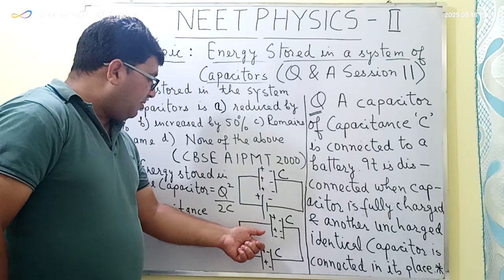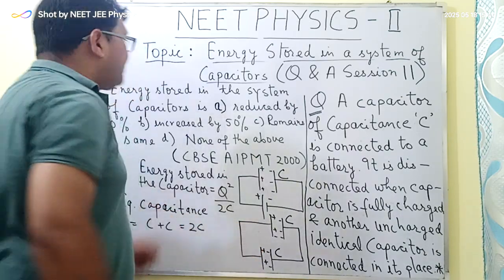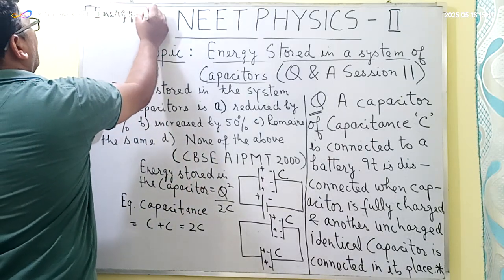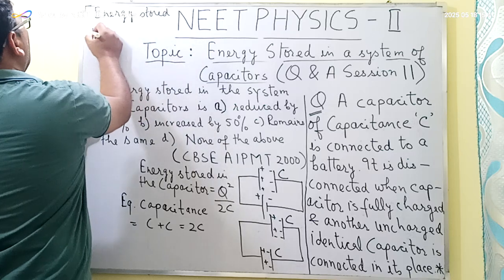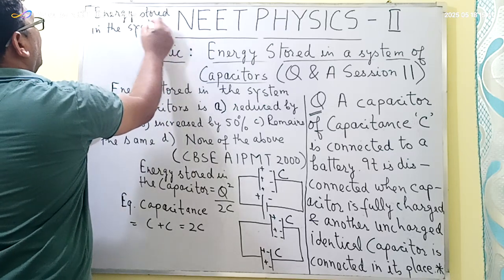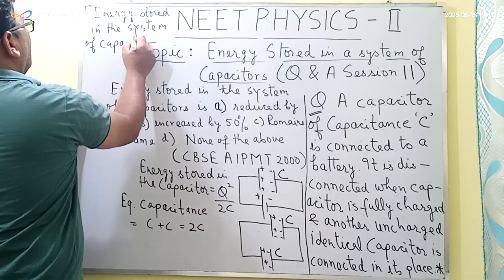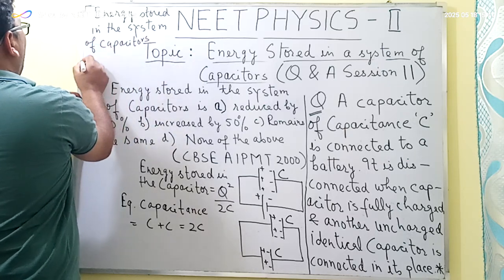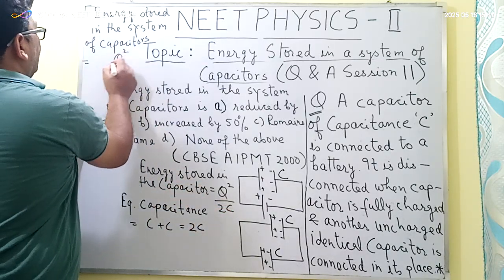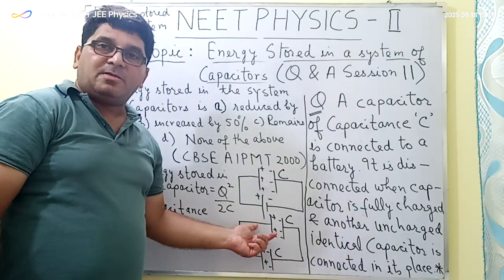Now the energy stored in this system of capacitors will be equal to Q square, because the total charge in this system of capacitors will remain the same.